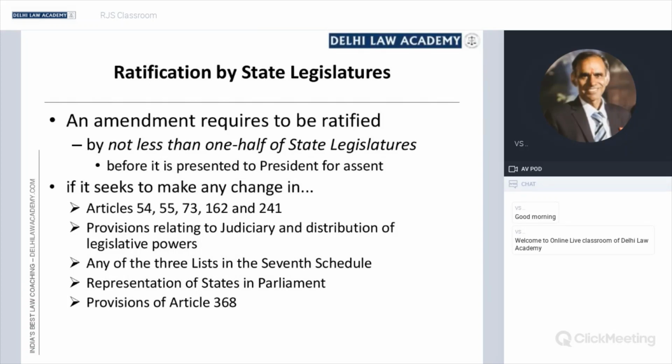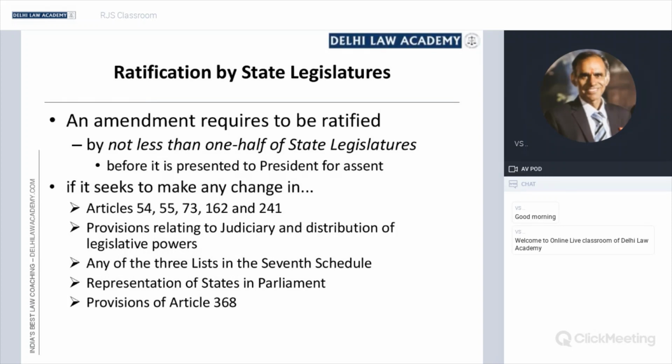An amendment requires to be ratified by not less than 1/2 of state legislatures before it is presented to the president for assent. It seeks to make any change in the following provisions. So there are 5 types of provisions.